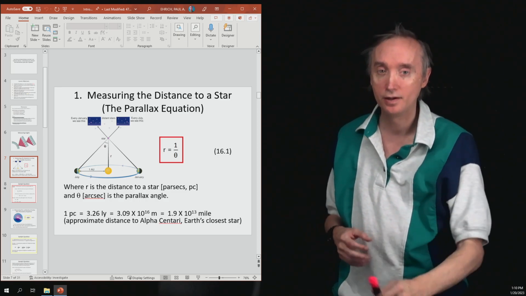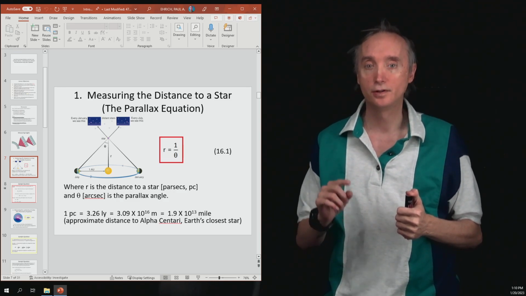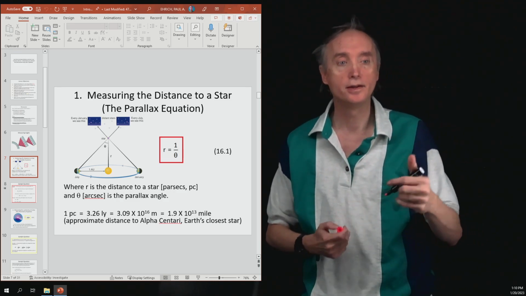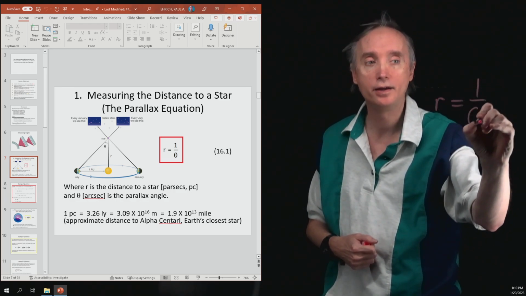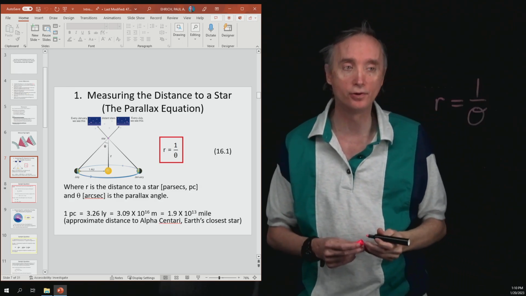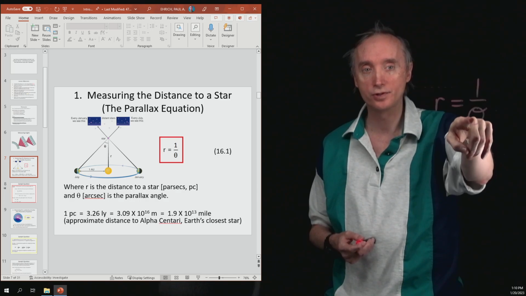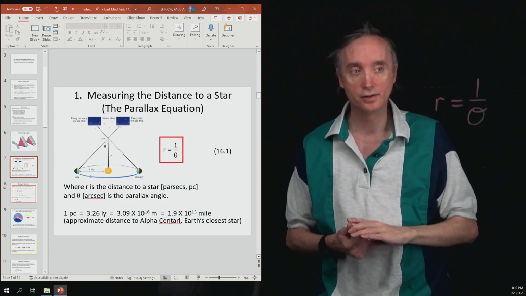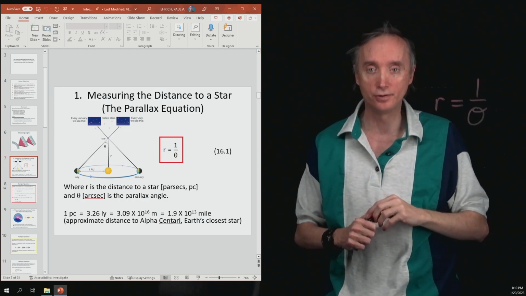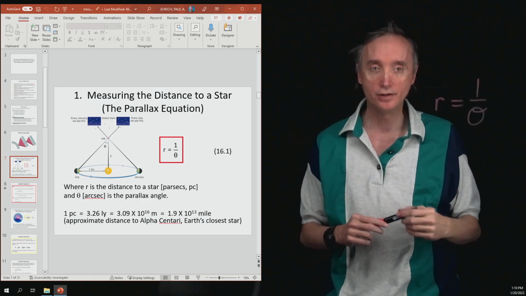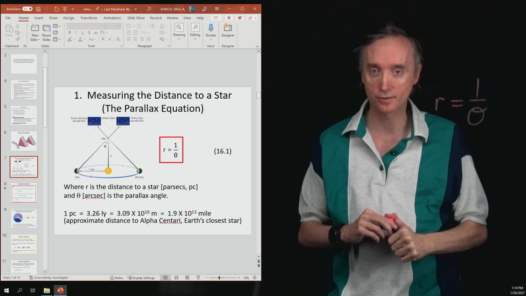So we're going to say that r is going to be the distance to the star, and it's going to be equal to 1 divided by the parallax angle. And the parallax angle is given by this letter here, which is called a theta, and it looks like a circle that has a little thing through it there, but it stands for the angle. It's the parallax angle. And you can see where the parallax angle is in that picture.